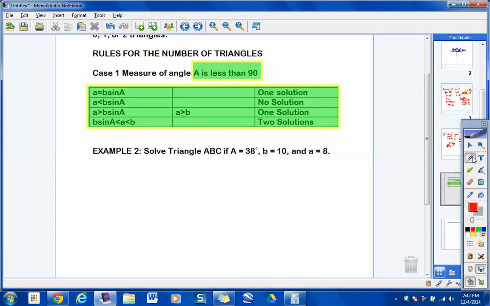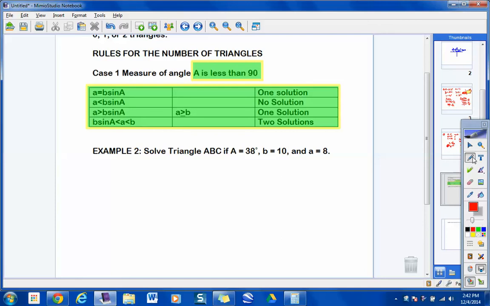Case 1, A is less than 90. We've satisfied that. Here are 4 different scenarios that tell you how many solutions you're going to have. First, A is equal to B times the sine of A. If that was true, how many solutions would you have? According to that rule, 1 solution. Next, A is less than B sine of A. Then what would happen here?